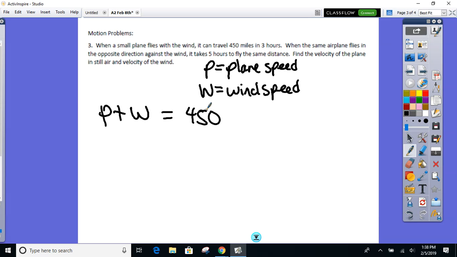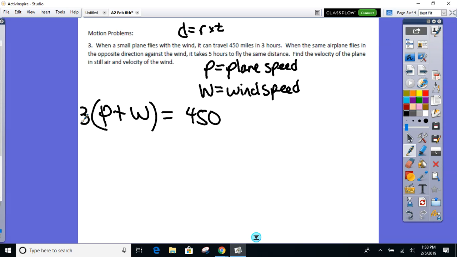Nobody remembers it back in the day? Distance equals rate times time. So there's my distance, there's my rate, and I still need to multiply it by my time. So I'm going to multiply that rate by 3.